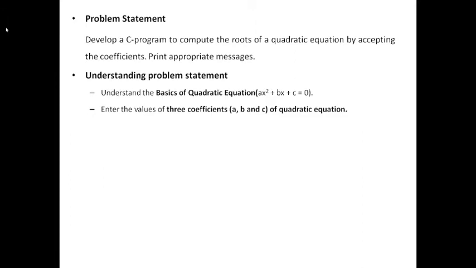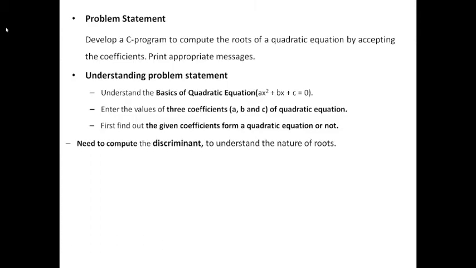If the entered values don't form a quadratic equation, then we say that the entered coefficients will not form a quadratic equation. Otherwise, we calculate the discriminant value, and depending upon it, we understand the nature of the roots of the quadratic equation, right?